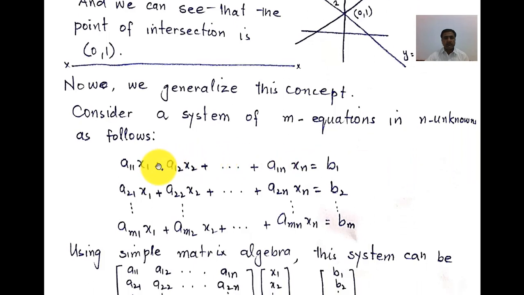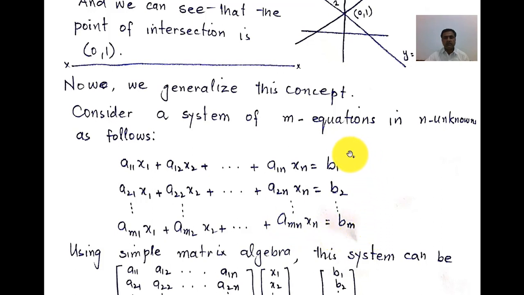A typical system of m equations in n unknowns can be expressed as a11x1 plus a12x2 plus and so on plus a1nxn equals b1, and the last equation can be written as am1x1 plus am2x2 plus and so on plus amnxn equals bm.